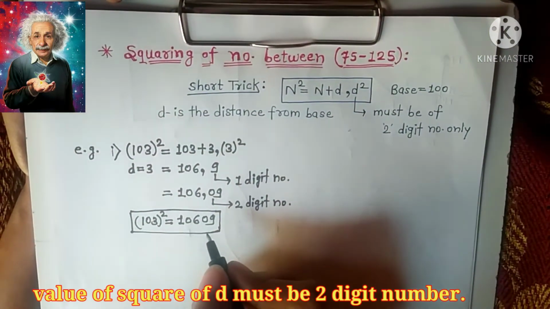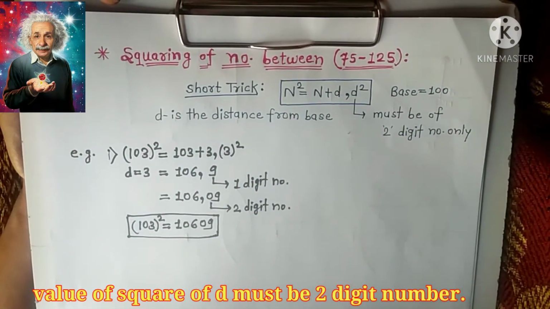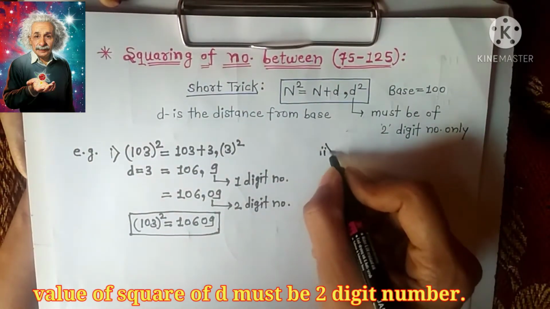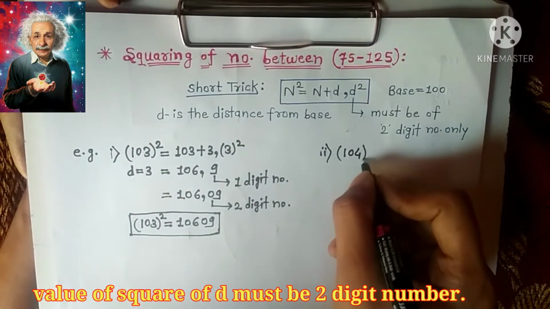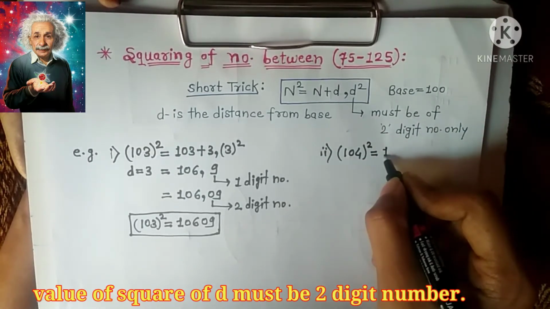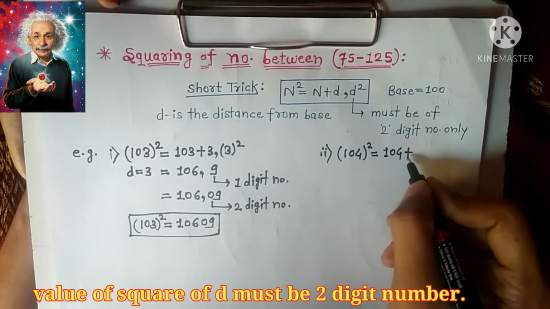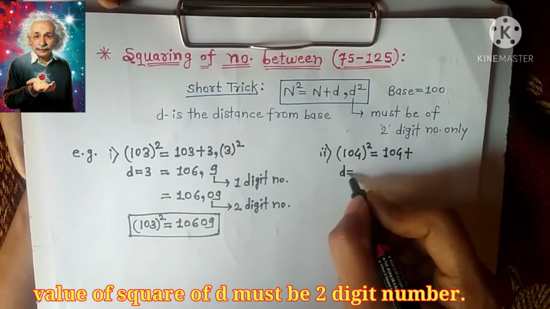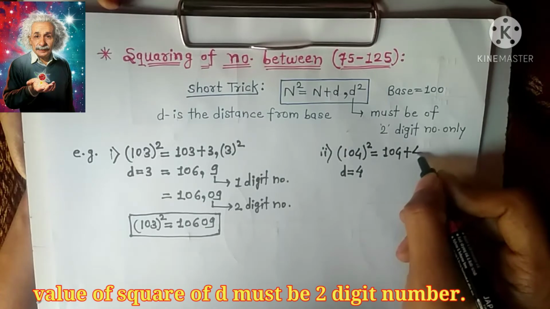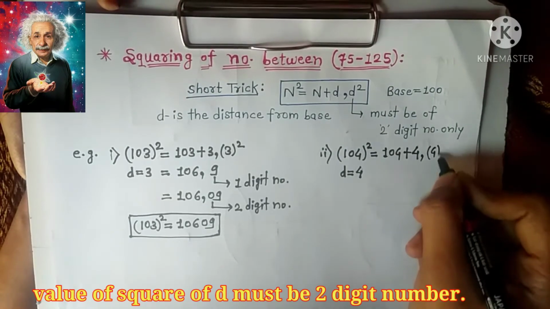Now we take the next example, 104. We find the square of 104. 104 square is equal to, here the value of n is 104 plus the distance for 104 from the base 100 is 4. So here we write 4 comma 4 square.